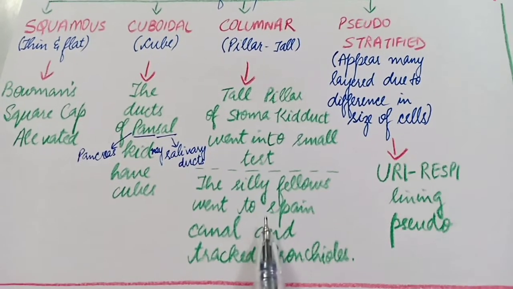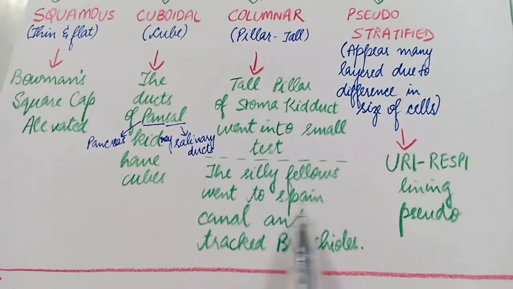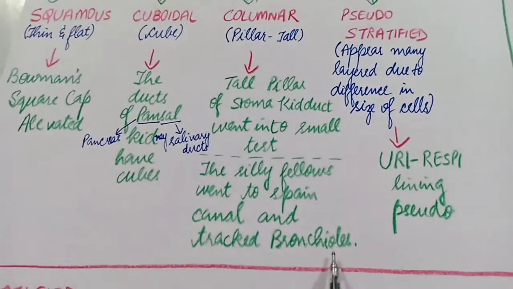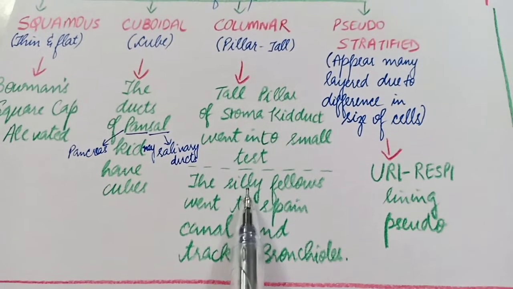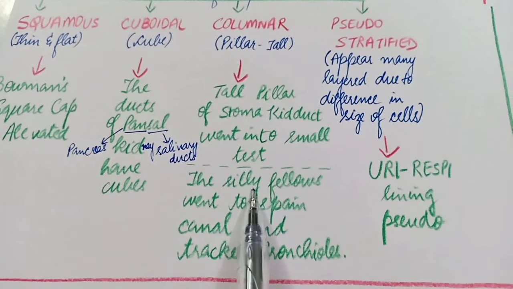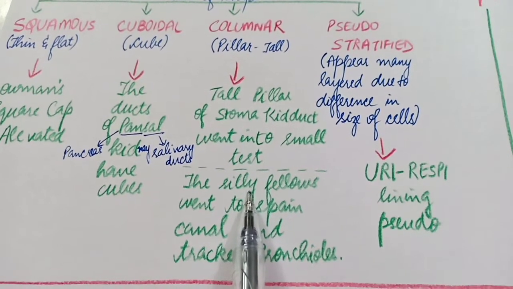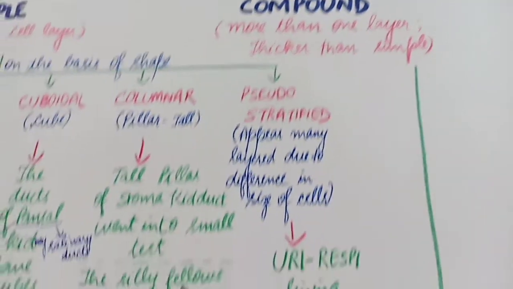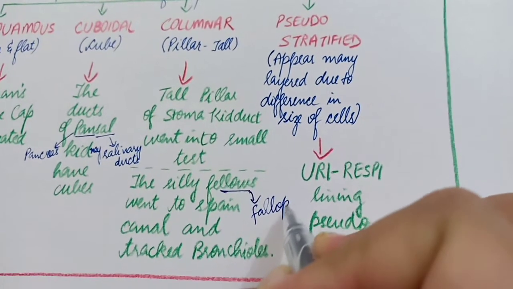But the ciliated ones: the cili fellows went to Spain canal and tracked bronchioles. Cili is to remember ciliated, that means the cells have cilia. Fellows is for fallopian tube.